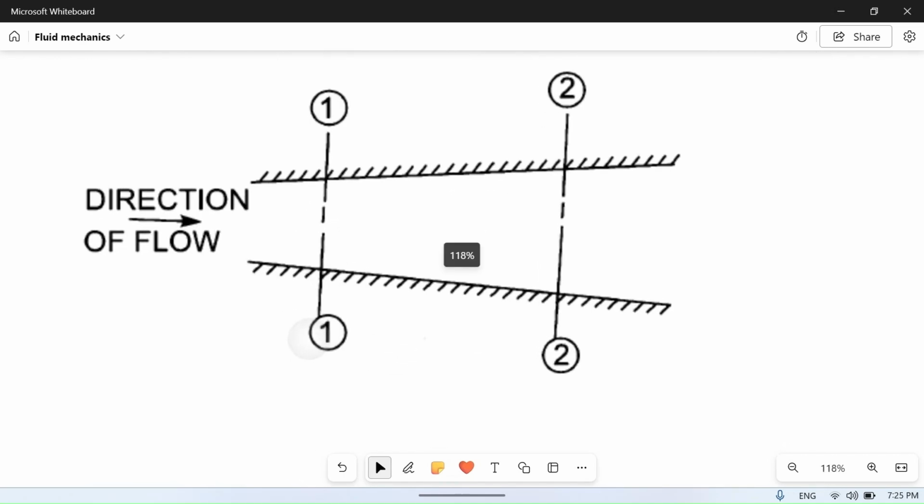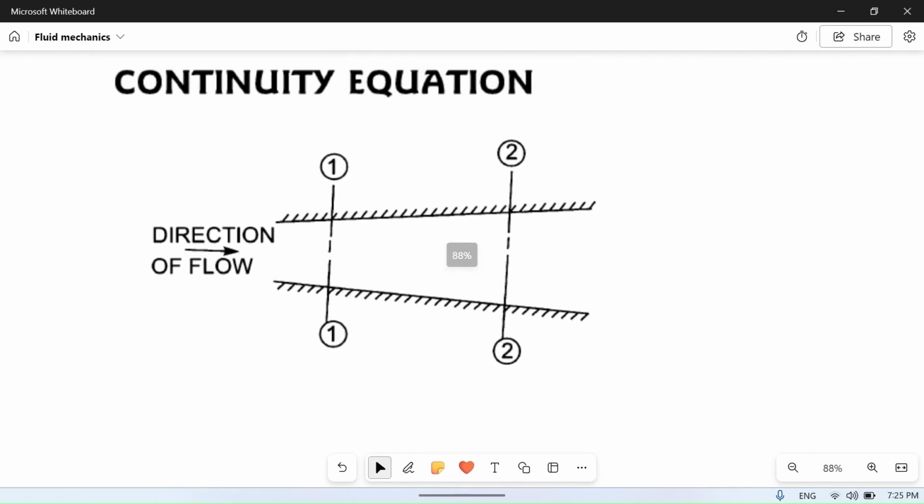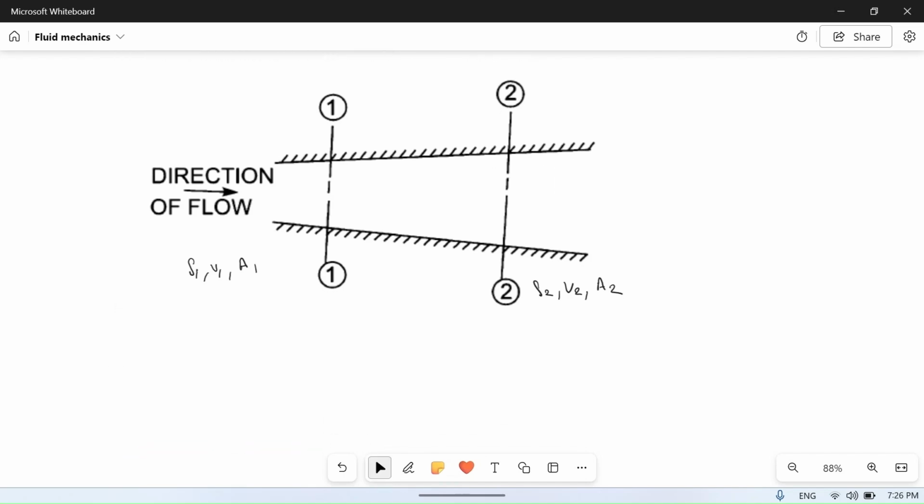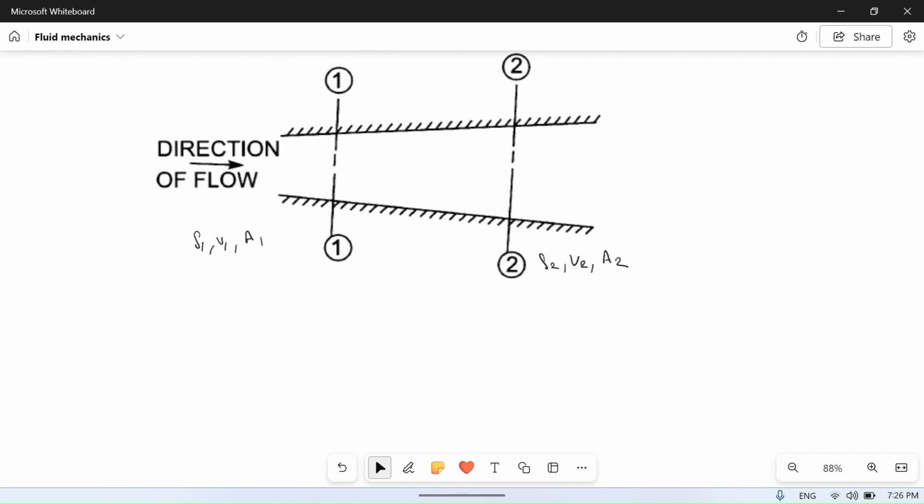So suppose at section 1 density is ρ1, velocity is v1, area is a1, and suppose at section 2 density is ρ2, velocity is v2, and area is a2. Then we can conserve the mass at section 1 and 2, and the equation we will get will be the continuity equation.